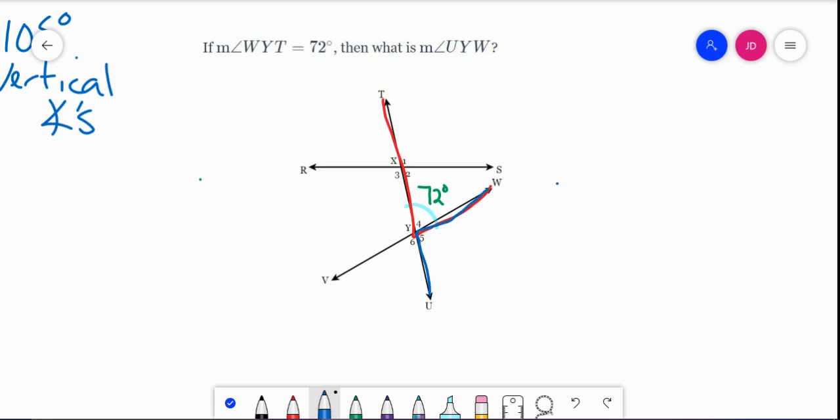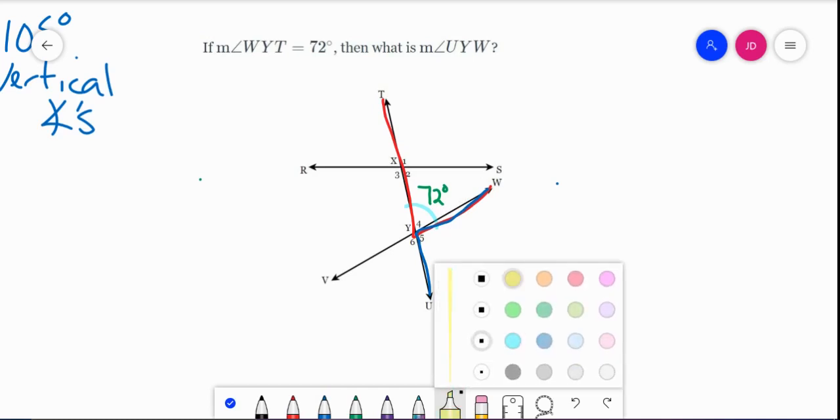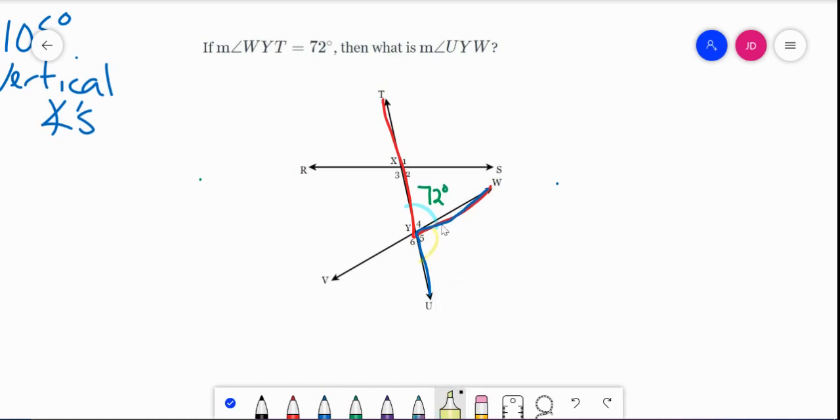UYW. Okay, they are adjacent. They share this common side here. And this one is acute. This one is an obtuse angle right here. So they're not going to be the same measure. They are actually a linear pair. They are supplementary. They form a straight line right here. So in order to be a straight line, you've got to have 180 degrees.